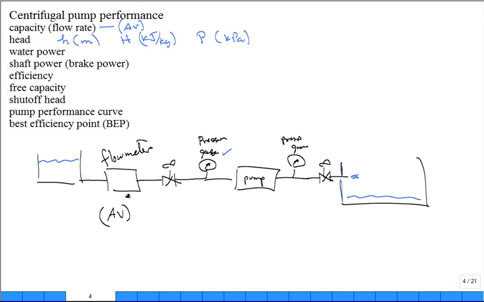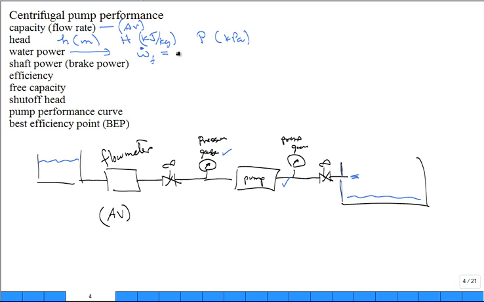All right. We're going to talk about the water power. What is the power that gets into the fluid, the flowing fluid? It has a higher mechanical energy flow rate coming out of the device than coming into the device, the pump. What is that, W dot F?